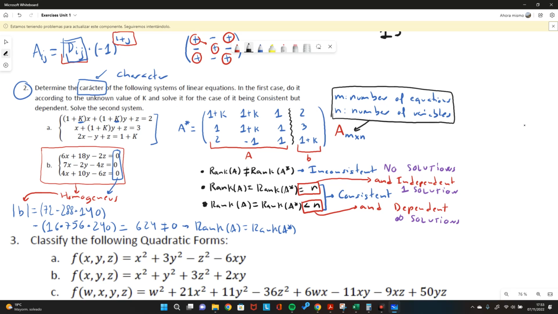And so I wrote a couple of things here. First I wrote this augmented A, or amplified, which is A and b, and I also wrote how to determine if it is consistent or not.